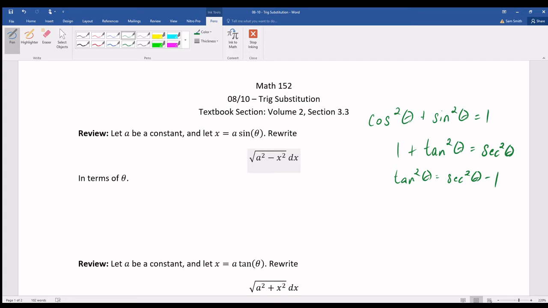To begin with, dx d theta is equal to a cosine theta, or put another way, dx is equal to a cosine theta d theta.